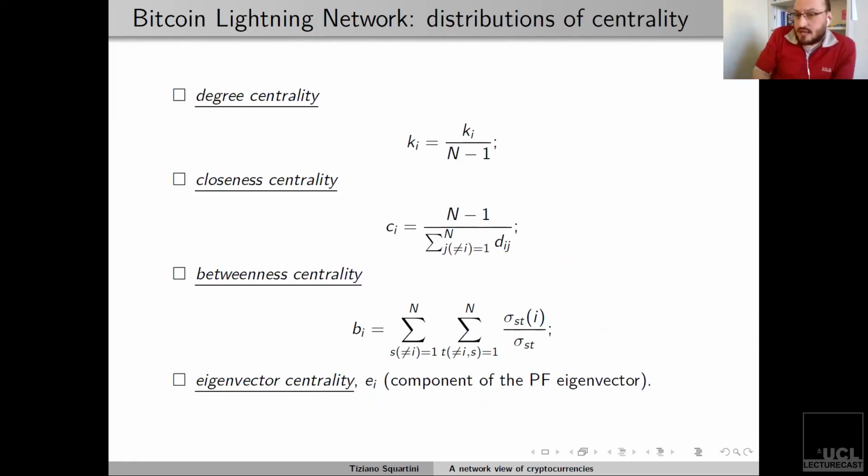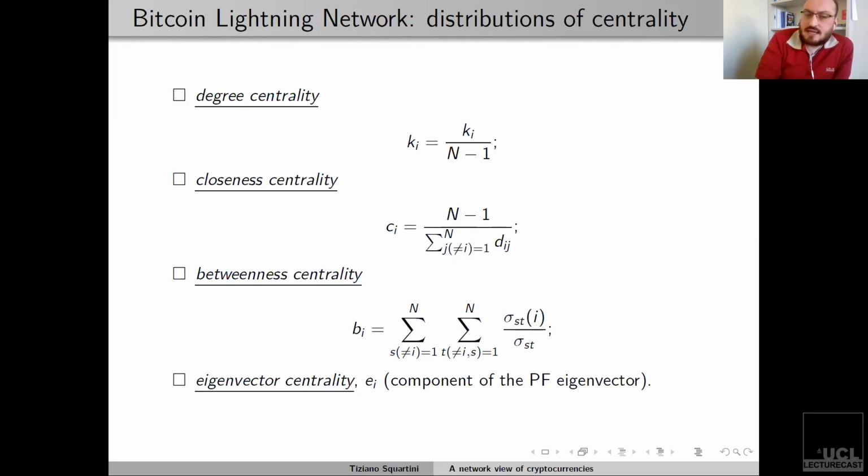And then we tried to confirm this intuition by calculating proper centrality indices. In networks, you have many centrality indices. We consider these four quantities. For example, the degree centrality. So a node is very central according to this index if it has many connections. Or the closeness centrality.